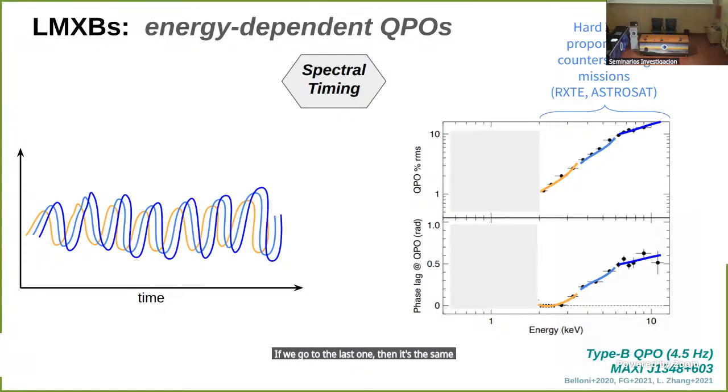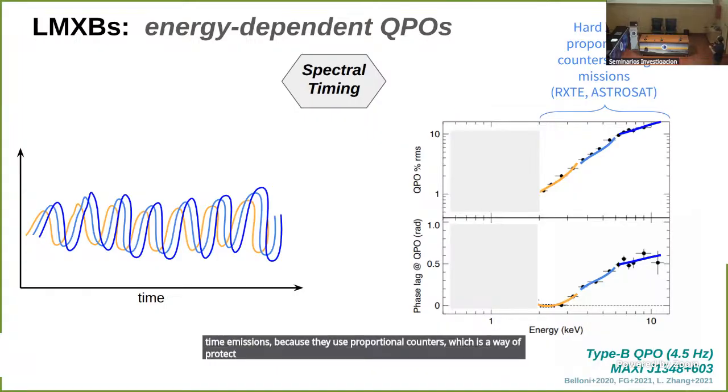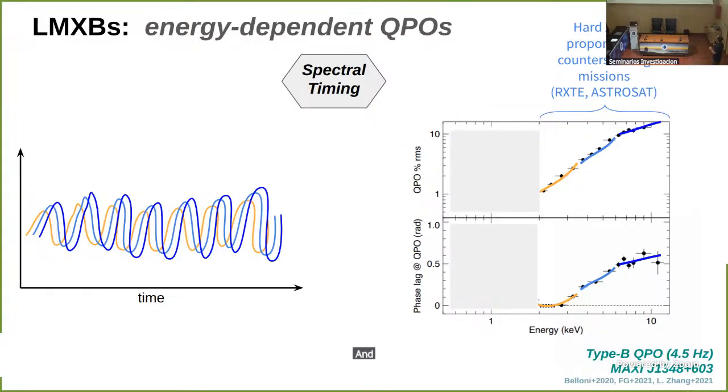So one could say, okay, everything that we are seeing in the 2 to 10 keV band, which is essentially the band that is covered by most timing missions because they use proportional counters, which is a way of detecting X-rays, is hard lags, so it must be something like Comptonization or propagation of fluctuations from the accretion disk to the corona.